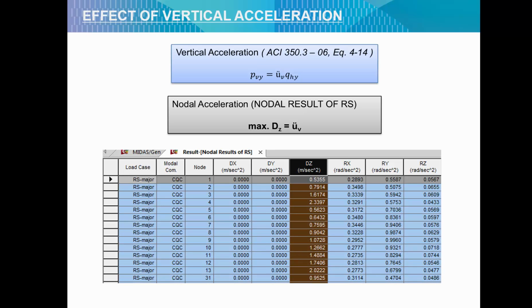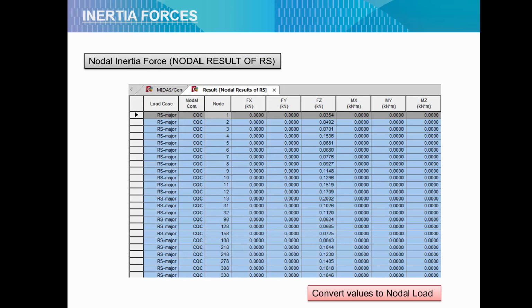Now for the nodal results of RS, on RS major and RS ortho, we'll convert these inertia forces into static loads so that we will be able to add them into our analysis later on.